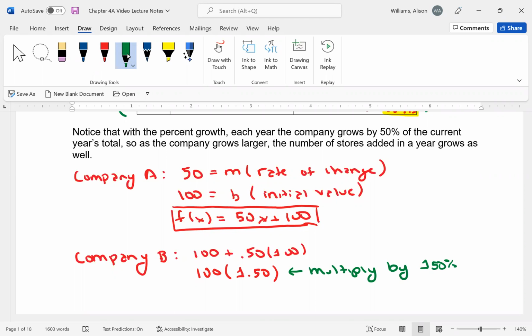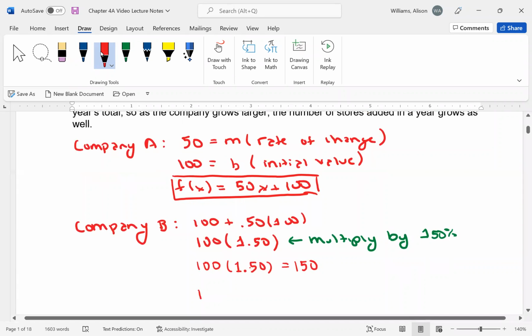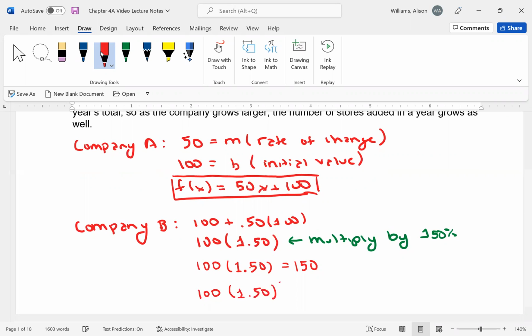In fact, plug that in your calculator, and what you're going to see is, I'm just going to take a second and write it down. That's going to come out to 150. Oops, there's a decimal there. It kind of floated away, but that's all right. So again, if I were to take 100 and multiply it by 150% the following year, twice now, that's going to come out to 225.